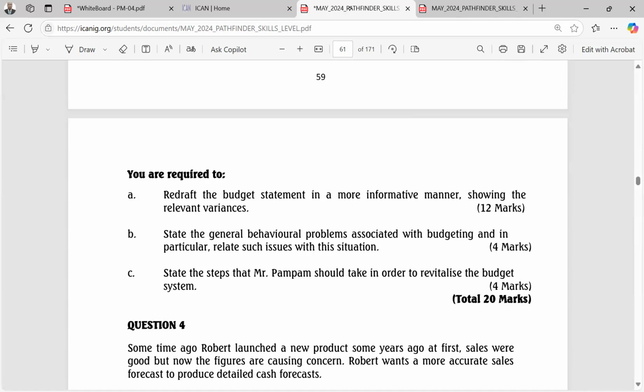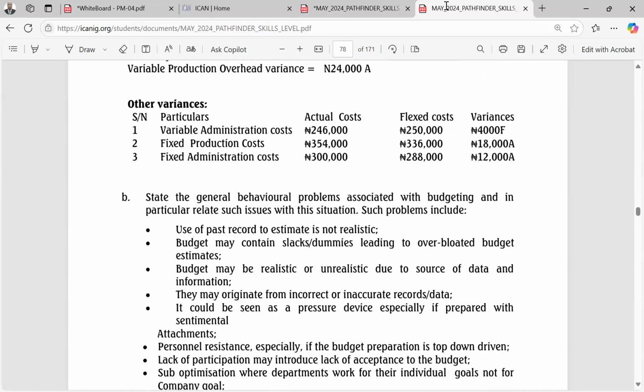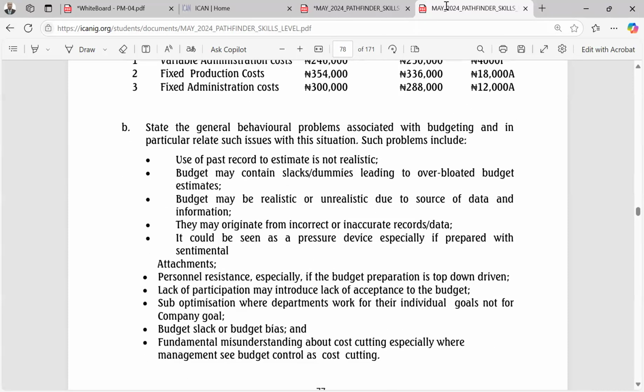Asked to state the general behavior associated with budgeting in particular. Relate such issue with this situation. What is the general behavioral problems? Behavioral problems associated with budgeting in particular related to this issue. Some of the problems include use of past record to estimate is not realistic. So in budget, we usually use past record to make an estimate for the future, and it is not realistic.